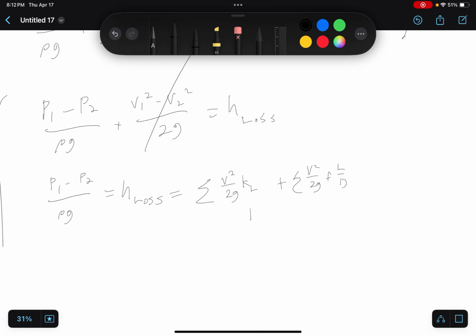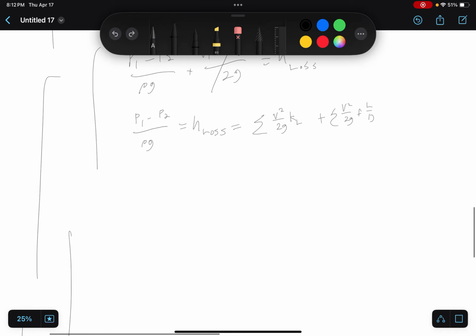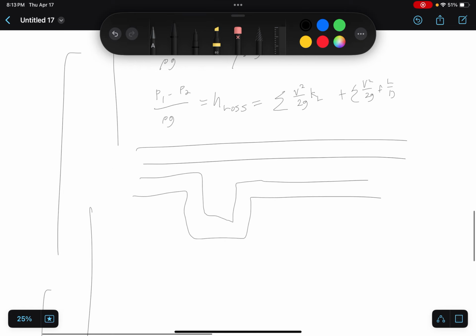So what is this term? This is saying that the loss through the pipe would increase, as in it would be harder to push stuff through a pipe if it has a bunch of turns in it, versus a straight pipe. A straight pipe won't have any bends in it, so it'll be super easy to pump stuff through it. A tube or a pipe with a lot of bends in it is harder.